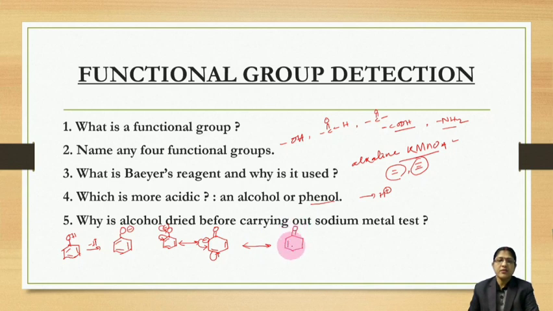Now I am drawing just the resonating structures of phenolate ion. Why is phenolate ion stable?